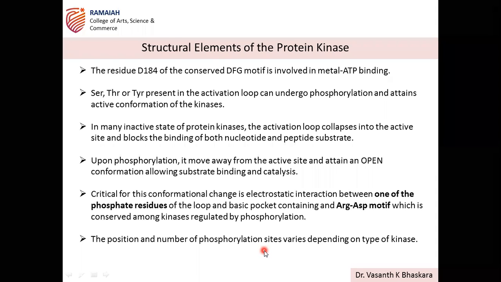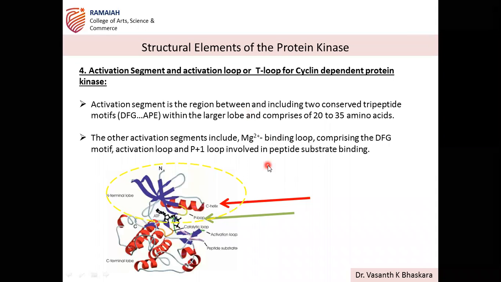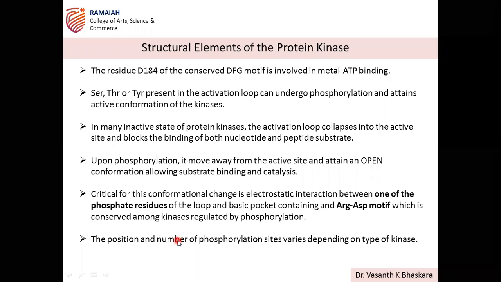So this all comprises the activation segment, or activation loop, or T loop for cyclin dependent protein kinase, which is the very important site for the activity of these protein kinases. All of you understood; some points you need to practice and keep memorized.